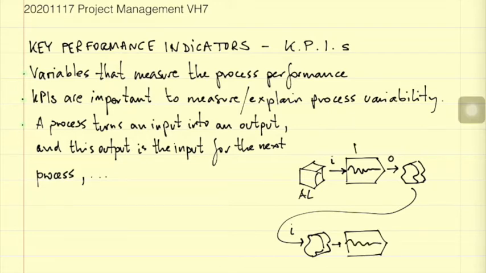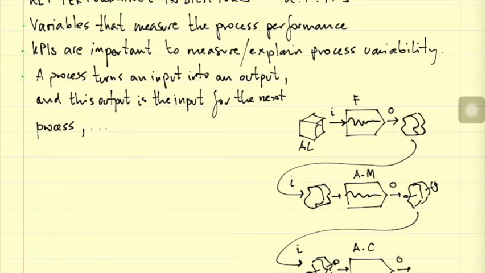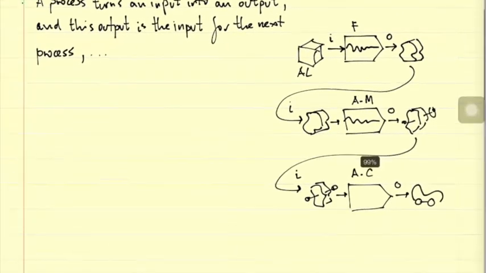This is the foundry. This is assembly of the motor, and you get as an output a mounted motor with all its parts and gears and stuff. Then again the motor is the input of another process, which is the assembly of the car. You get an output, which is a car, and then you get the sales process.